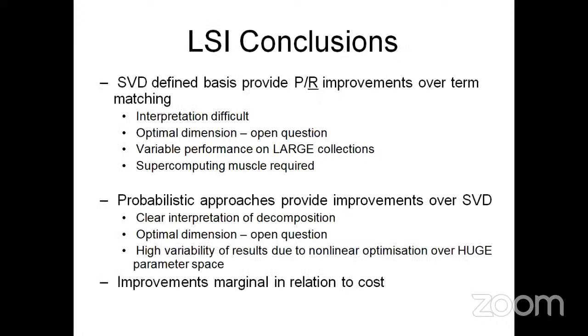SVD-defined basis provides the principal component and improvement over term matching, but interpretation is difficult, optimal dimension is an open question, performance is variable on large collections, and supercomputing muscle is required.